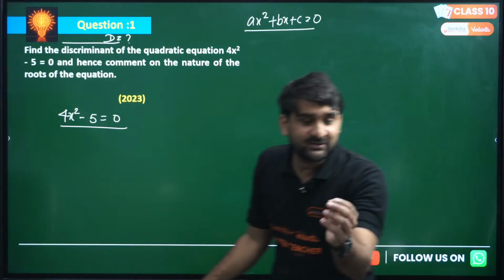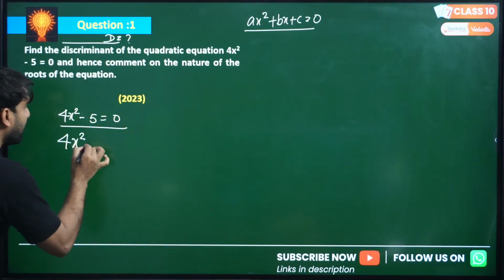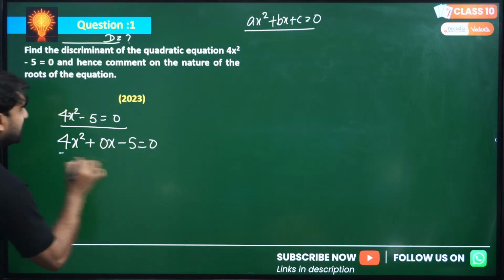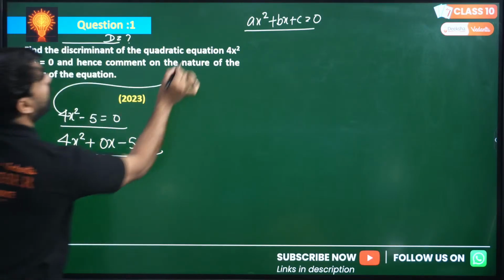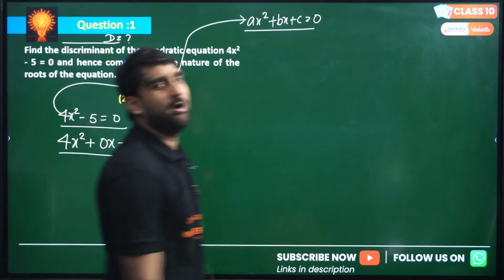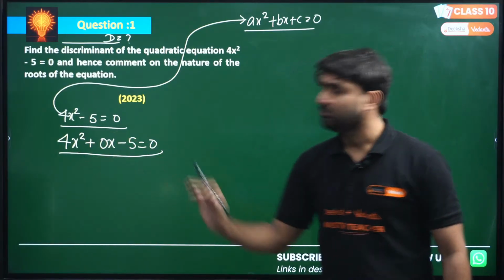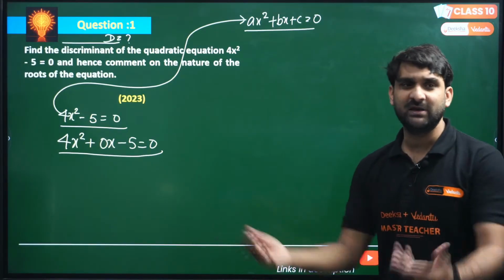So if the x term is not there, we can assume 4x square plus 0x minus 5 equals 0. Please keep it in mind. You have to write it in this general form. So if the x term is not there, we can assume the coefficient of x is 0. That's why the x term has vanished.